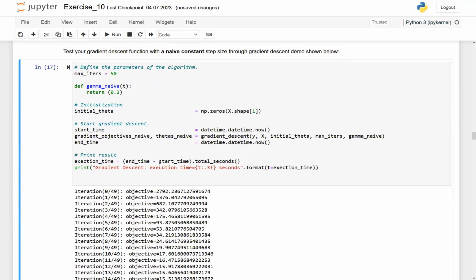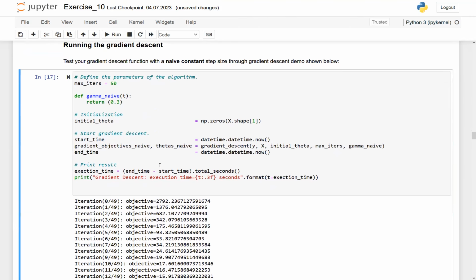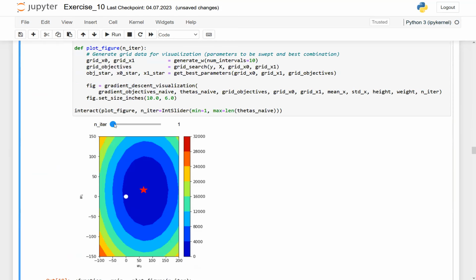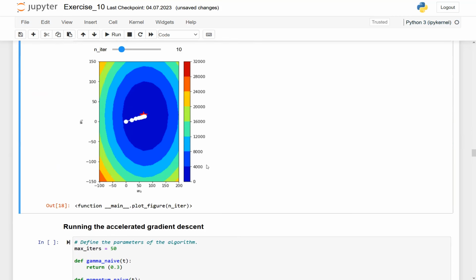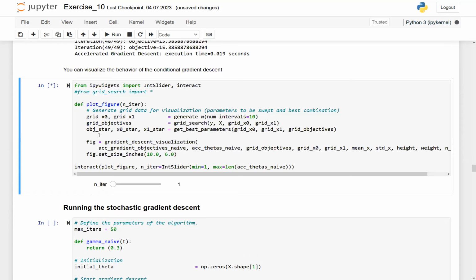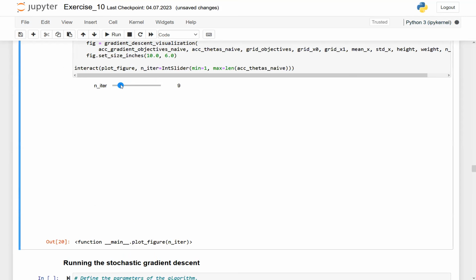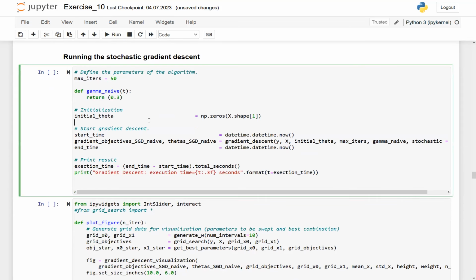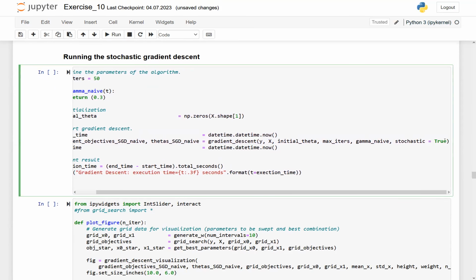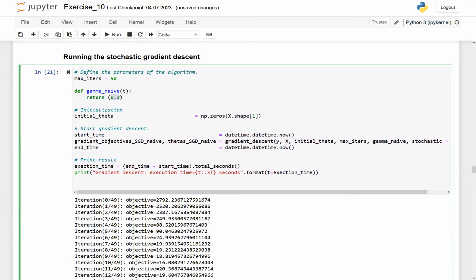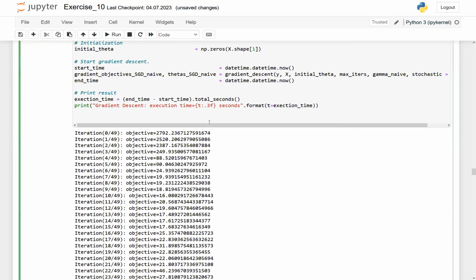Okay, and then we can run our algorithms. So the gradient descent as before. We can plot it again. When we do the gradient descent, we go quite quickly to the minimum. We can run again also the accelerated gradient descent, see what is going on there. Again, we are going quite quickly to the minimum. What about the stochastic gradient descent? With a mini batch size of 1, which is the default, with the same naive choice here.